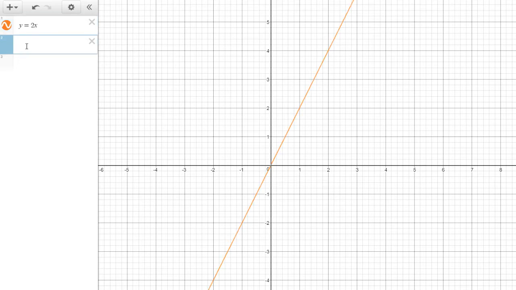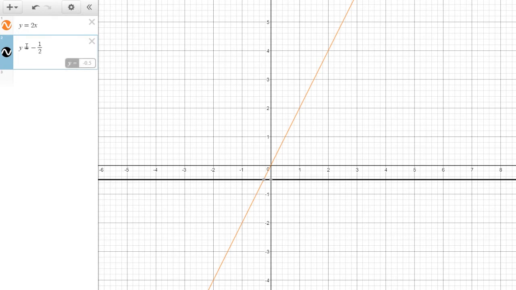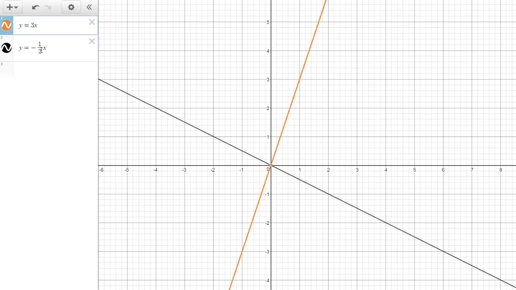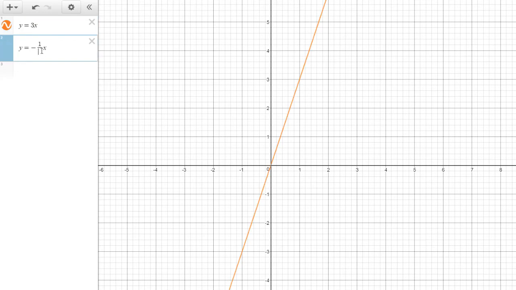We'll put in y equals minus 1 divided by 2x, and there you go, you've got a line that is running perpendicular to this line.